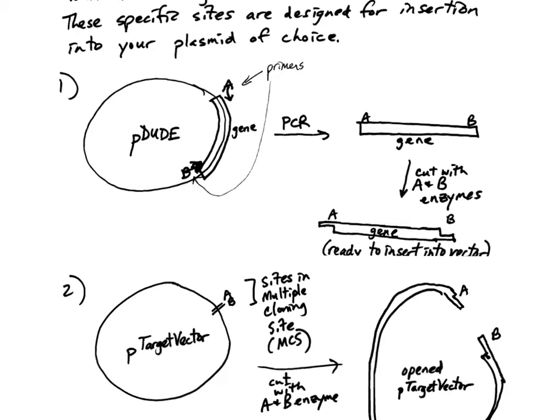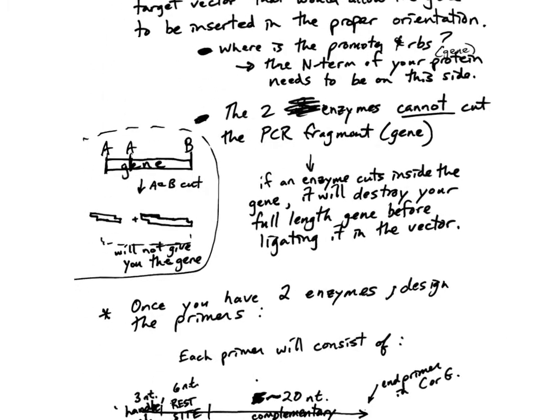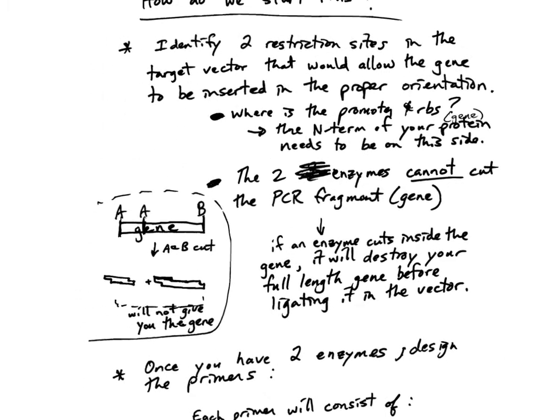So what I wanted to do is go forward here and say, remembering this right here, which states that you cannot have one of these restriction sites, A or B, actually cut in the middle.